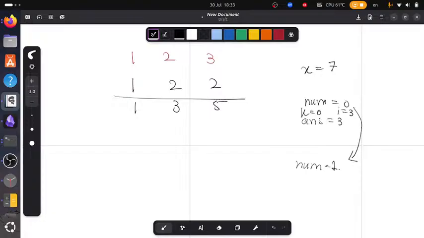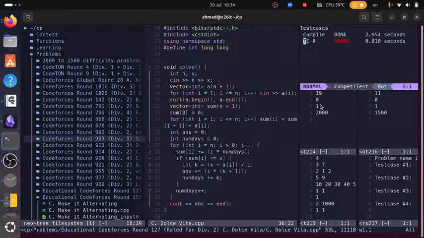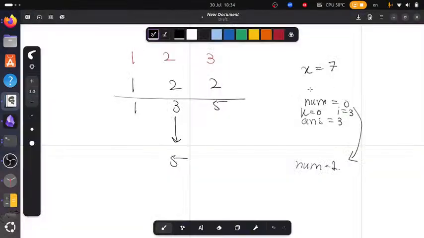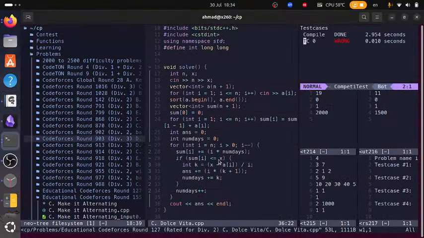So the number of days is now 1 and 3 becomes 3 plus 2 times 1, which is 5. So is 5 smaller than or equal to 7? Yes, it is. What do you do in that case?